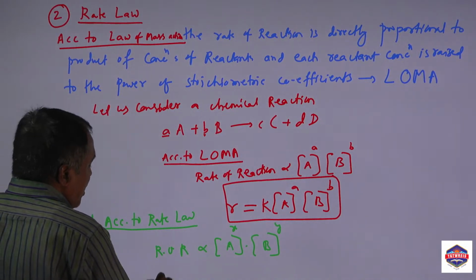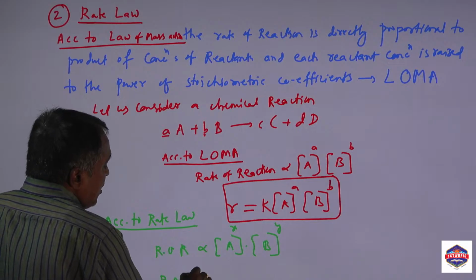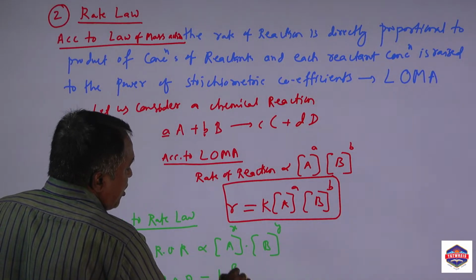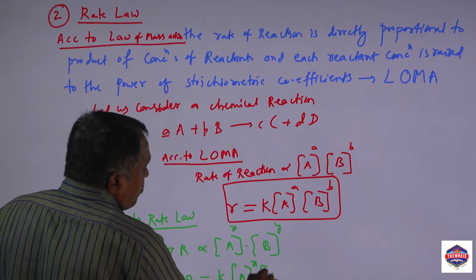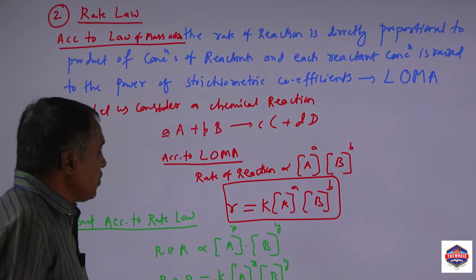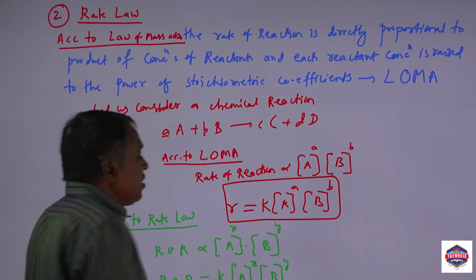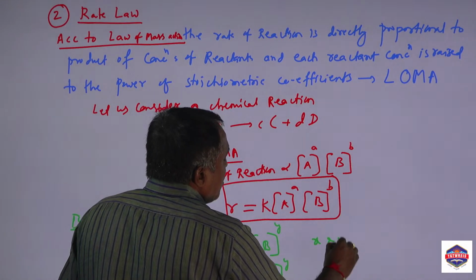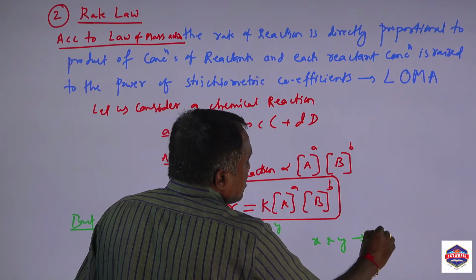Therefore, the rate of reaction is equal to one constant k into A power x into B power y. Here x and y are the practical, experimental coefficients.